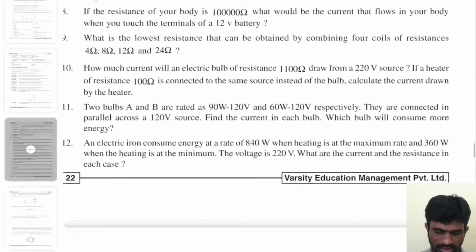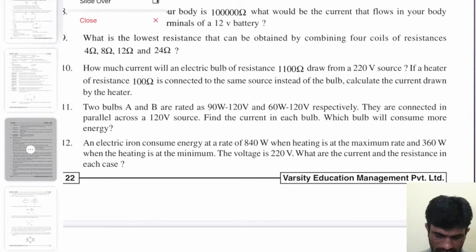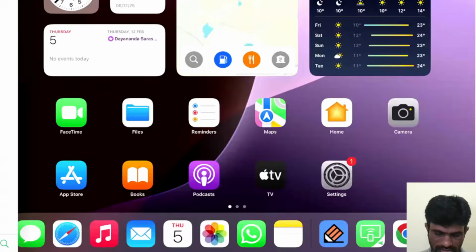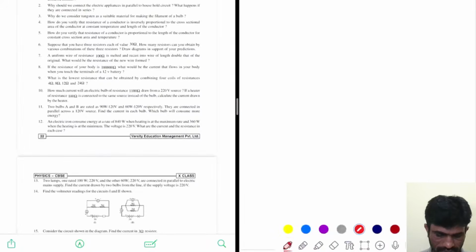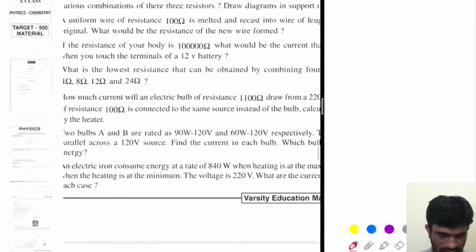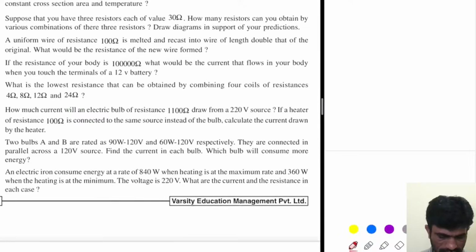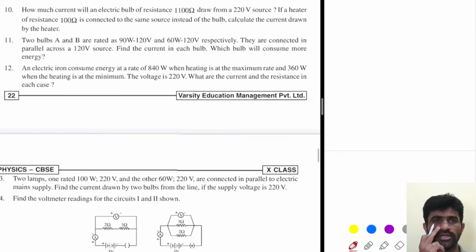Yes, let's see question number 10 now. Today, let's see question number 10. Can you see the board clearly now? This one, question number 10. Once read question number 10.